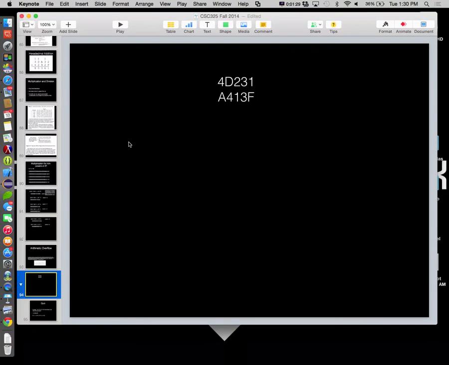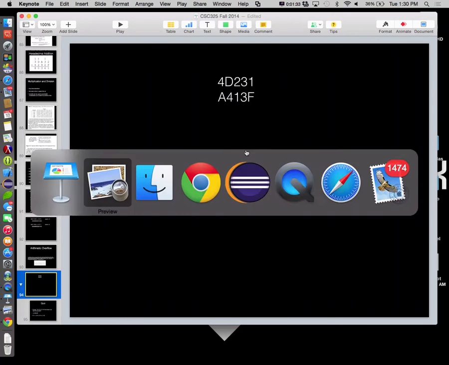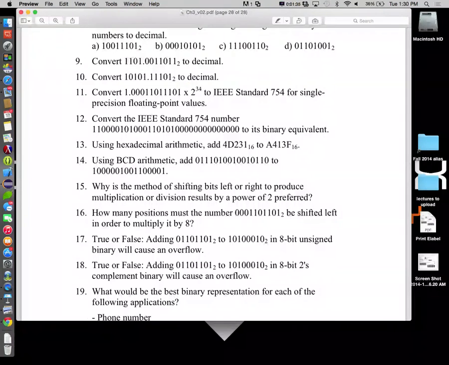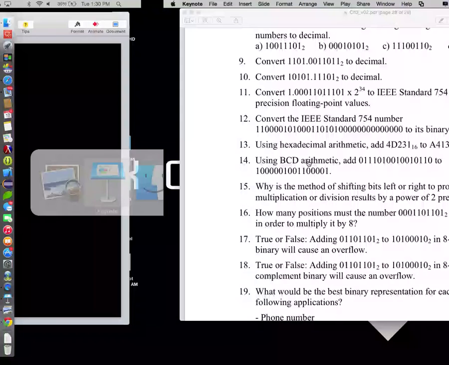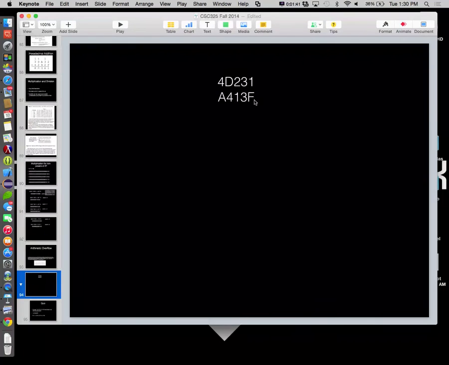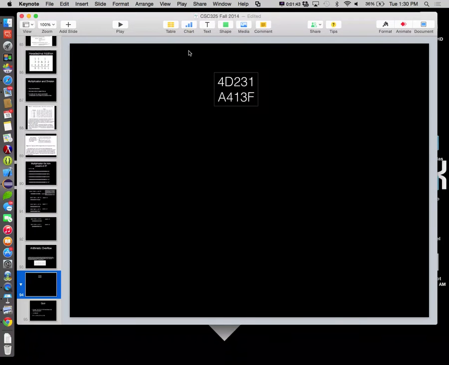There we go. All right, so 4D 231 plus A4 13F. Is that right? A4 13F. Okay. So, normal math. F plus 1, that's 15 plus 1 is 16, which is what?